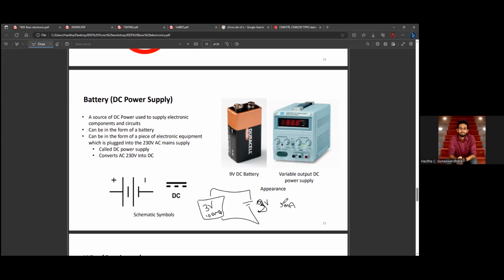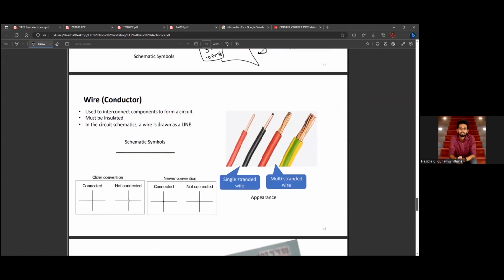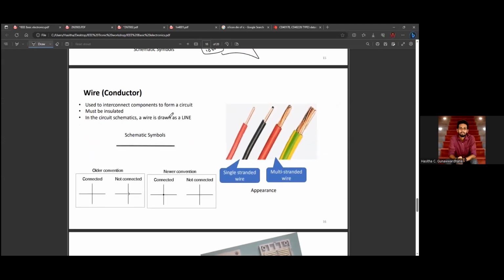So these two things have to be considered. Then other things, wires. I think this is not very useful in the competition. So this is the convention.